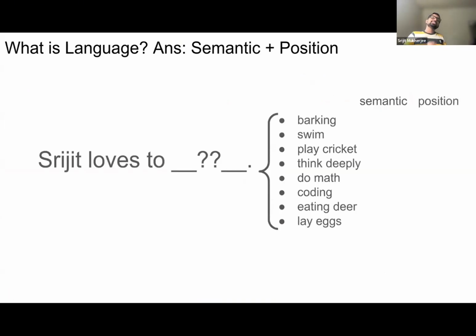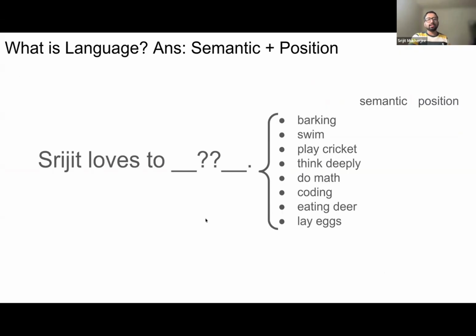Now coming back to what language is, language has two important pieces of information, guys. One is the semantic meaning of language and the other is the positional meaning of language. Let's do a simple exercise, and I want each person to participate.